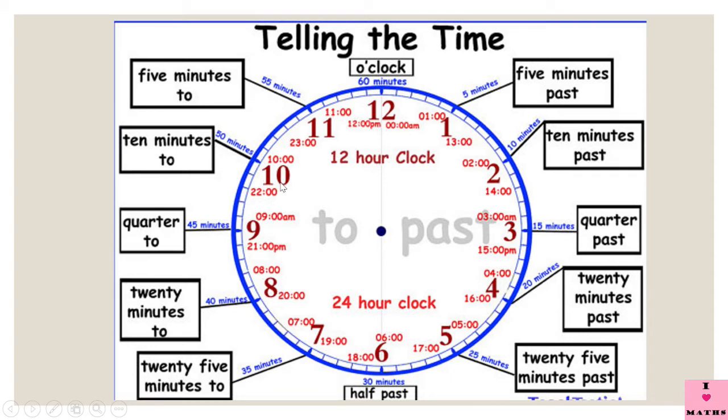Since 12 plus 10 is 22, 10 p.m. is 2200 hours in 24-hour clock. Same way children, since 11 plus 12 is 23, 11 p.m. is 2300 hours in 24-hour clock.